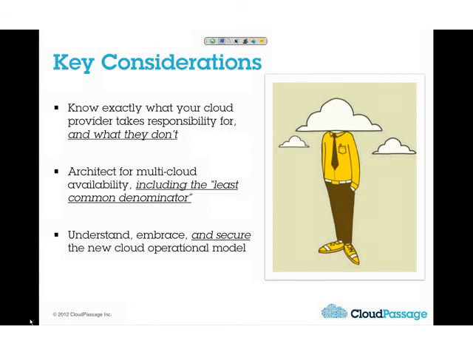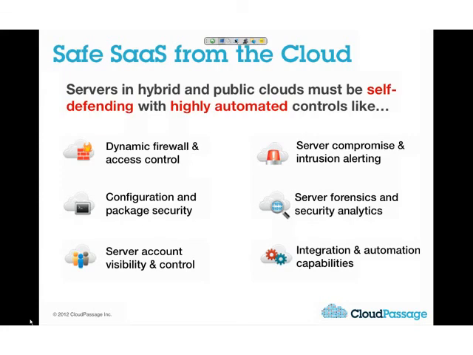And then, finally, really understand and embrace this new operational model and figure out how to build security into that, using tools like ours, or tools like other open source systems out there if you can take the time to build those. But at the end, really focus on doing safe SaaS in the cloud. Focus on securing those servers in a highly automated and self-defending way.